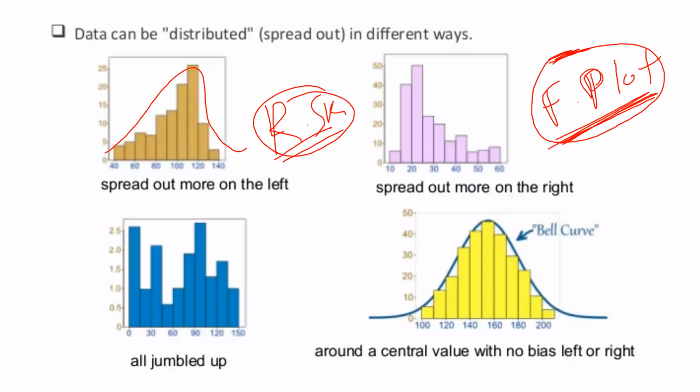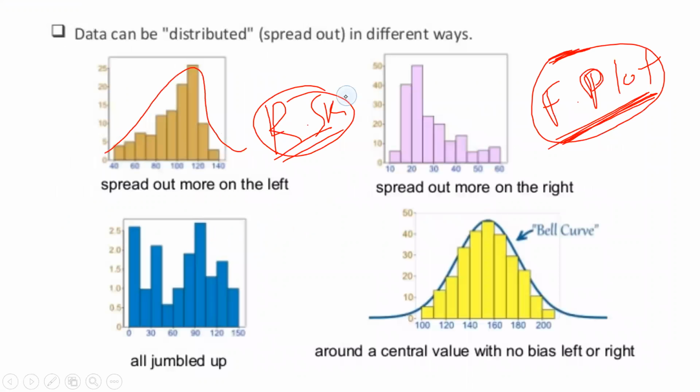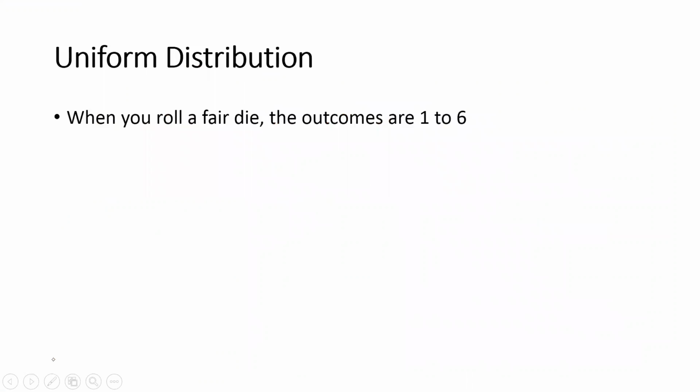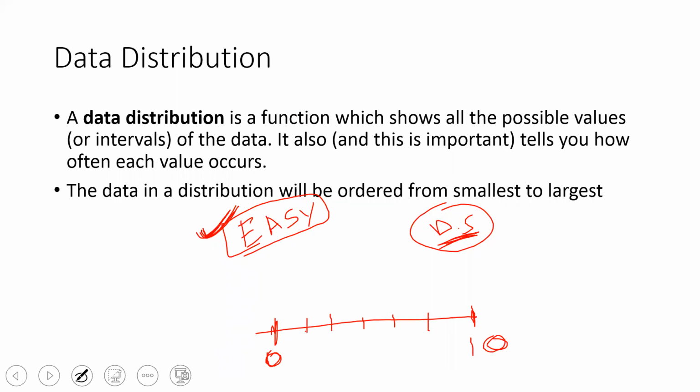So I was asking you this question. Suppose I made a test for you, and that test is easy. The marks that you will be getting will be from 0 to 10, so there will be other numbers also: 1, 2, 3, 4, 5, 6.